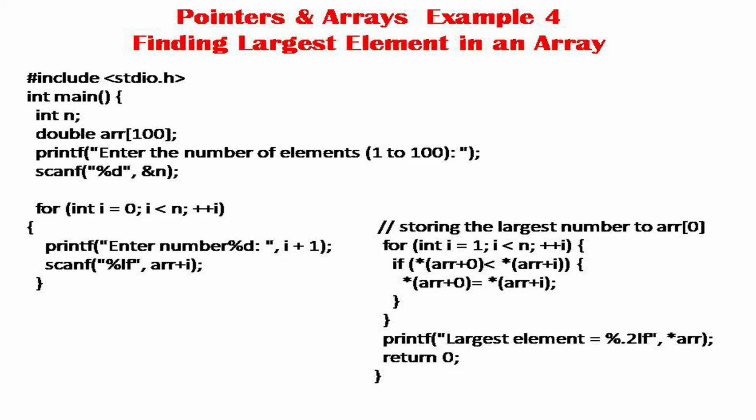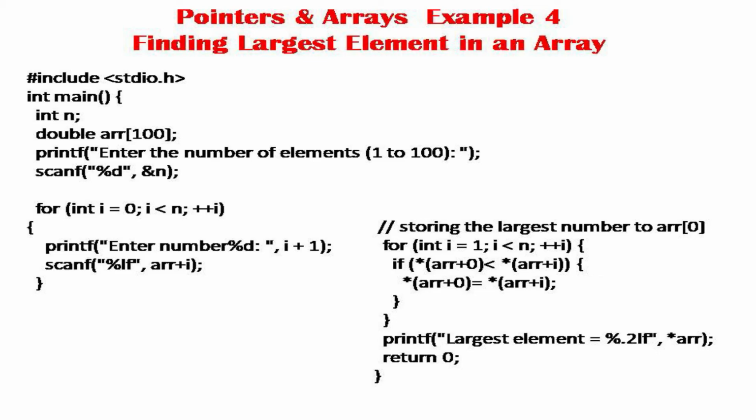Now look at the second loop to the right. What am I doing? I am finding the largest number in that array. I am storing the largest number in ARR of 0. Simple. I start my loop from element 1 because element 0 I will directly check. And look at the checking. If asterisk of ARR plus 0, what does it give you?